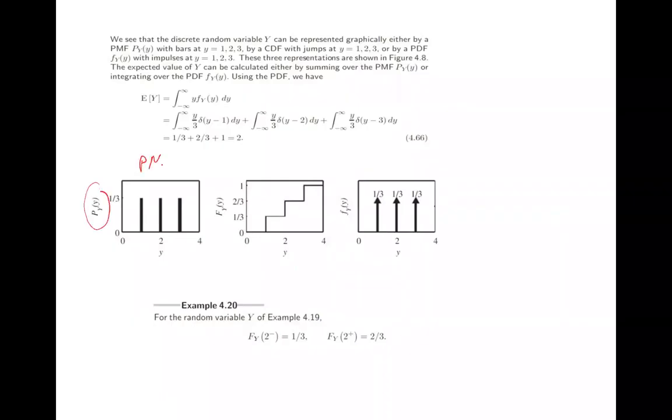Here is the PMF. The CDF we have already drawn in the previous slide. And then the PDF. You see that it's a mixed type random variable, and the expected value can be found from this formula, y times f_Y of y, and since we have integration of the Dirac delta, which gives us unity values.